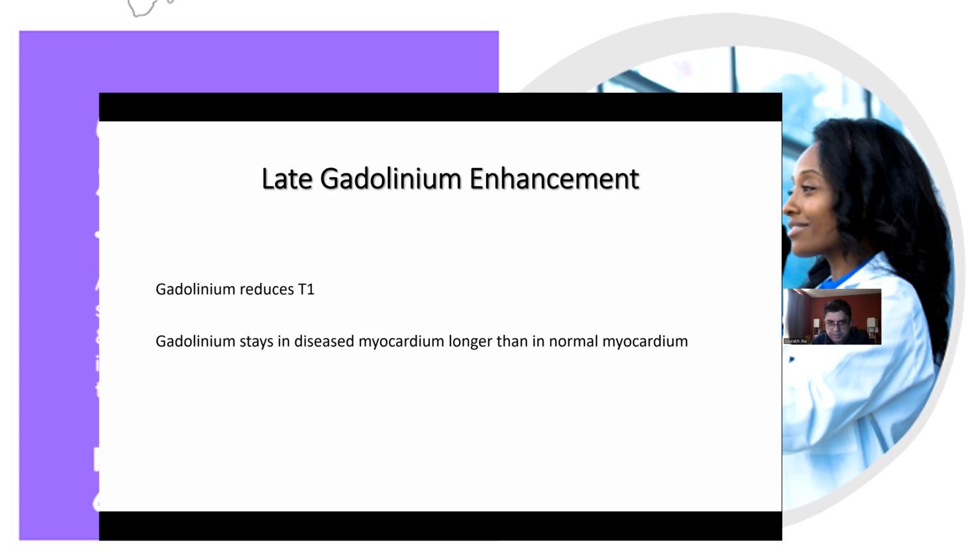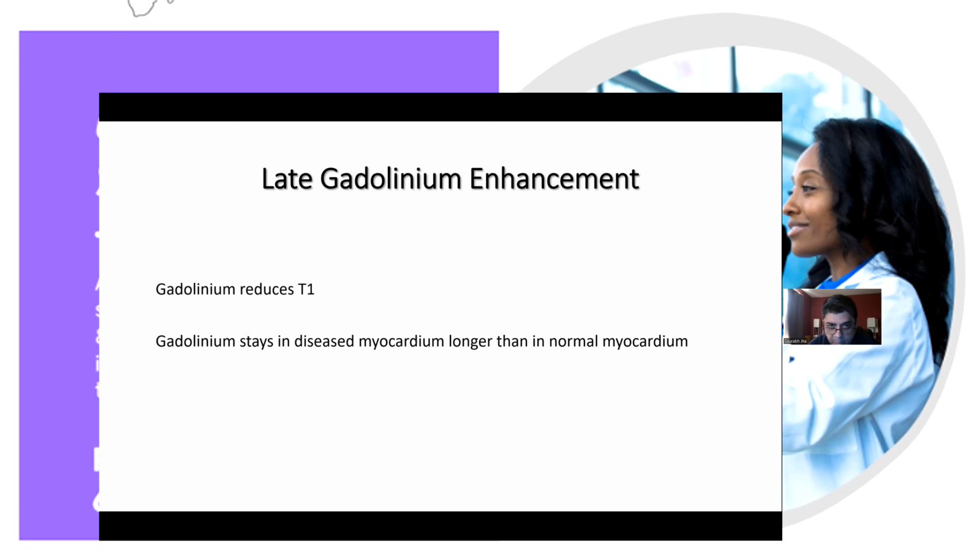So at some point, there's going to be a lot of difference between the amount of gadolinium in diseased myocardium versus normal myocardium. It's an optimal point, meaning that if you image too quickly after you give gadolinium, the two tissues won't be that different. If you wait too long, there'll be washout, and they won't be that different. But there's an optimal point at which there is maximum difference, or a good amount of difference.